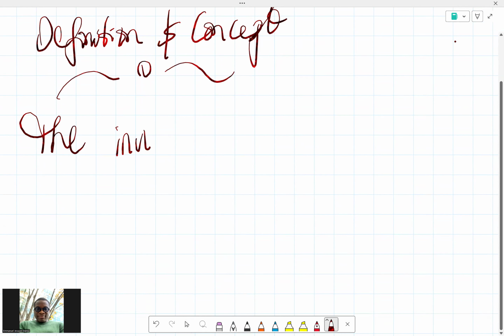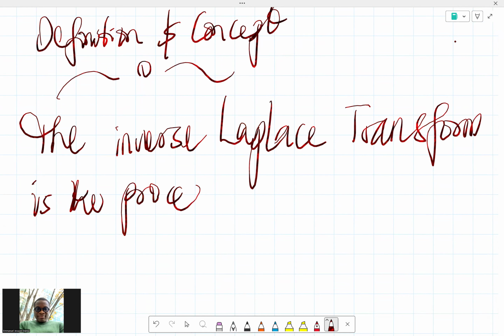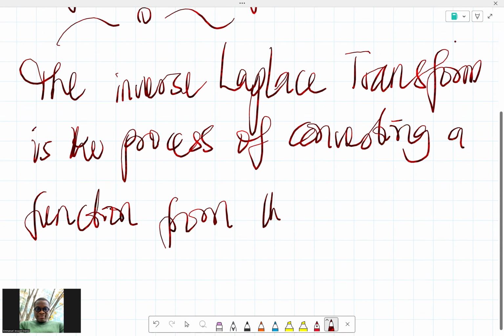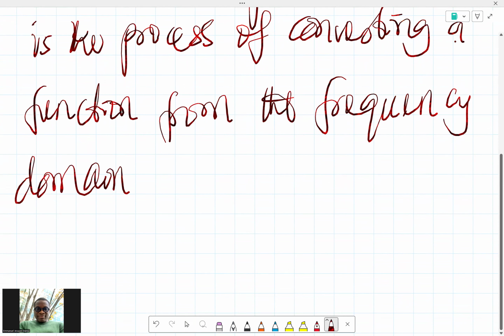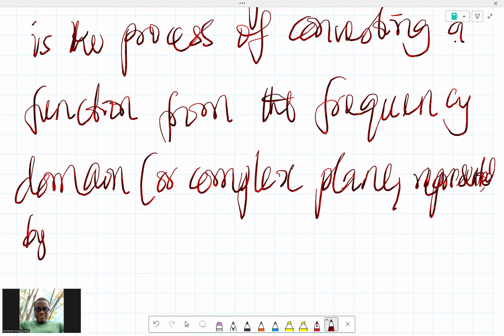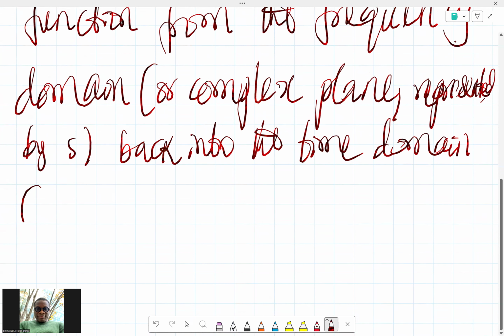The inverse Laplace transform is the process of converting a function from the frequency domain, or better still, complex plane, represented by small s, back into the time domain, represented by t.